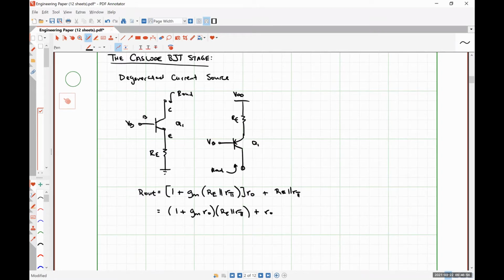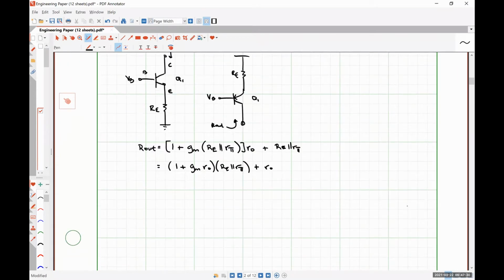Two identical relationships. We should pretty easily be able to see that this is going to be larger than ro right off the gate. We have 1 plus some number, which means our output impedance is being scaled, and then to that we're adding another resistance of RE in parallel with rπ. So we're definitely seeing some number larger than our original value of ro.